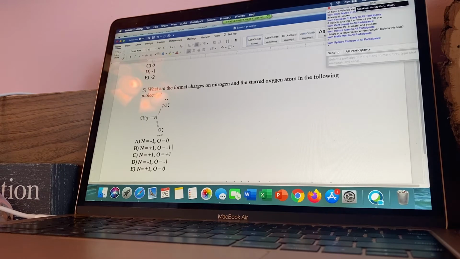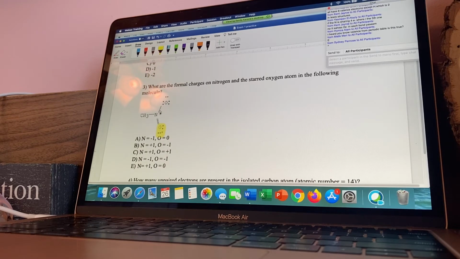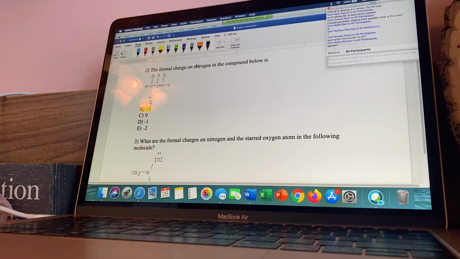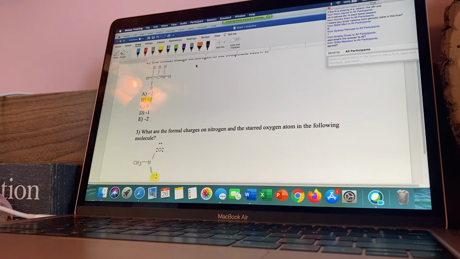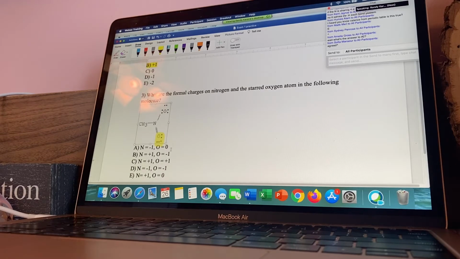Yeah, so if you couldn't see, it's this oxygen that's starred. So we have, just like the last example, nitrogen with 4 bonds around it, and you'll start to notice a pattern. If you see nitrogen with 4 bonds, it has a +1 charge. Oh yeah, number 2 was B. And then this oxygen has 2 bonds, 2 lone pairs.